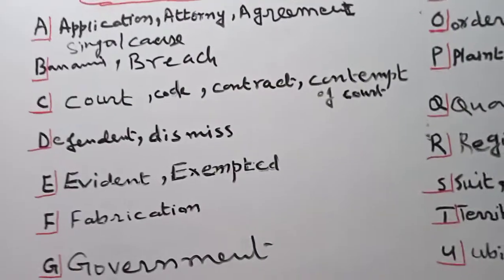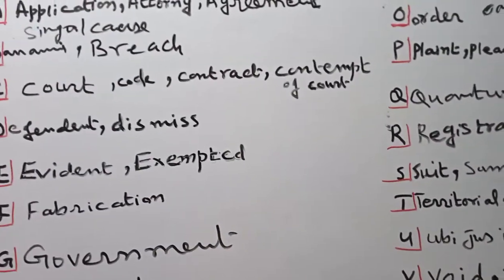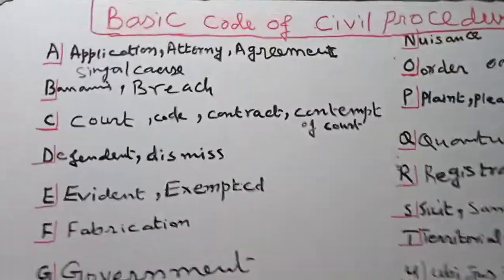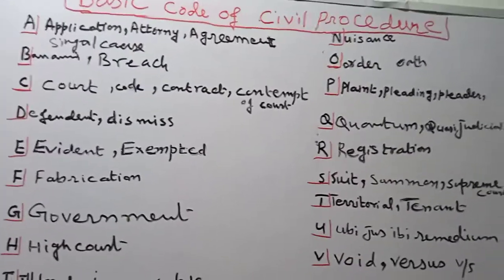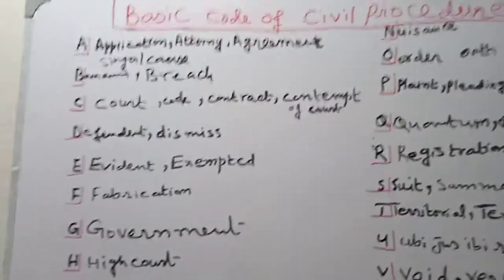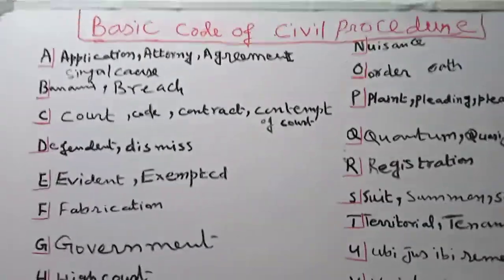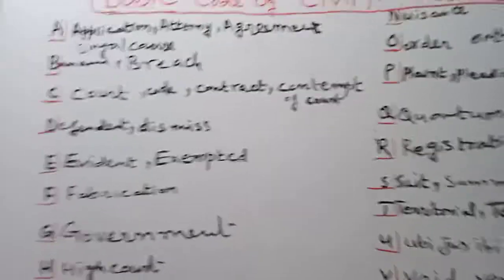And attorney, the second alphabetical word. Attorney means advocate, but advocate is simple: every person who completed his education, gave the exam and received a certificate or card becomes an advocate.